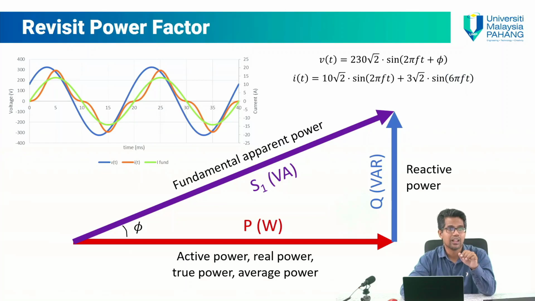The orange current actually consists of two sinusoidal waveforms. One is 10 amp for the fundamental, and another one is the third harmonic. Question: how do I know it's the third harmonic? Because the frequency of that waveform is 3 times the fundamental frequency. Instead of 2 pi ft, now it's 6 pi ft.